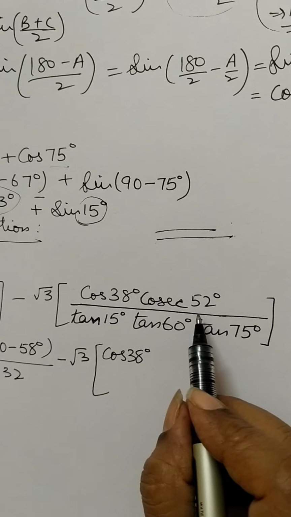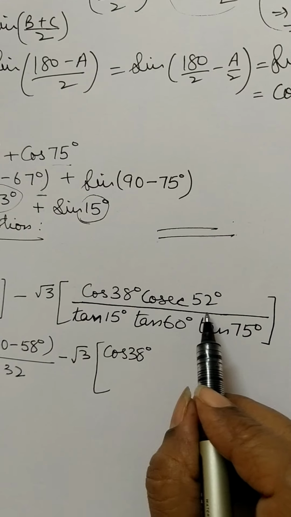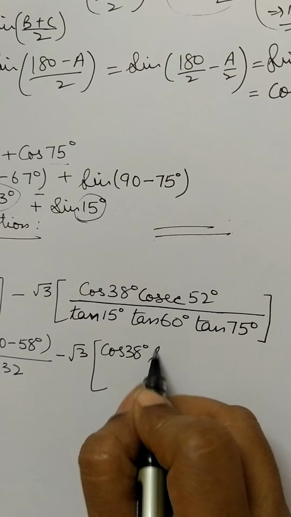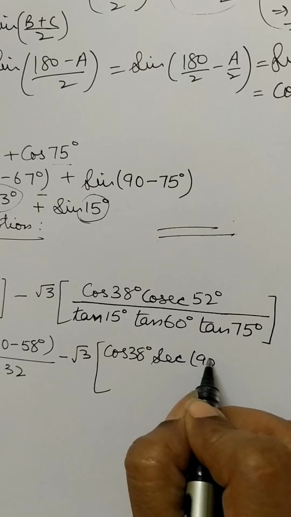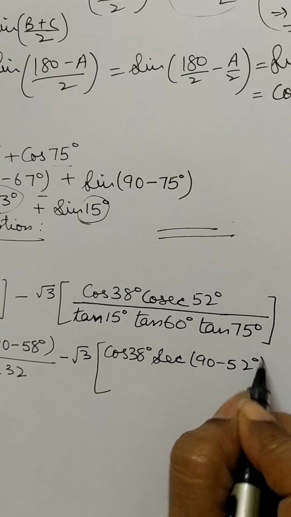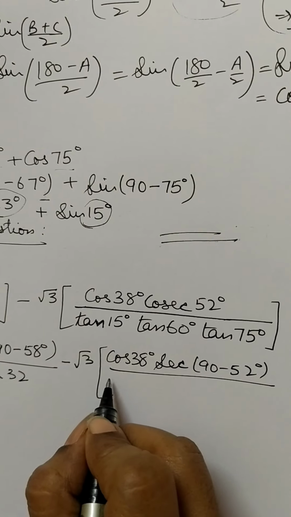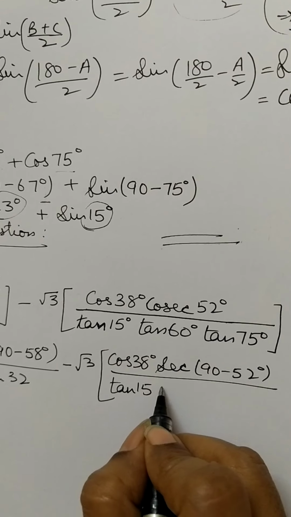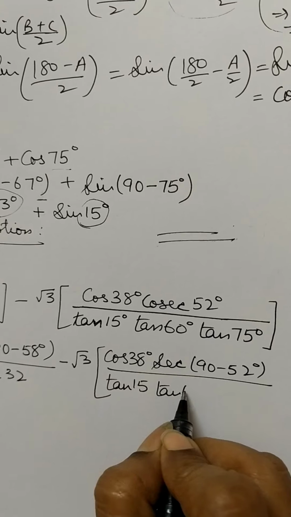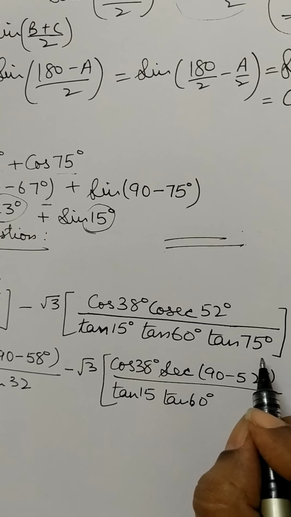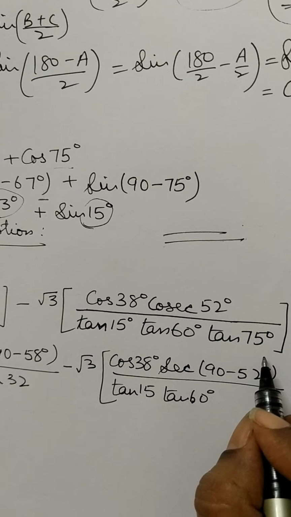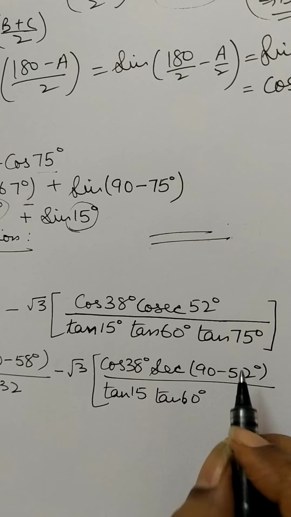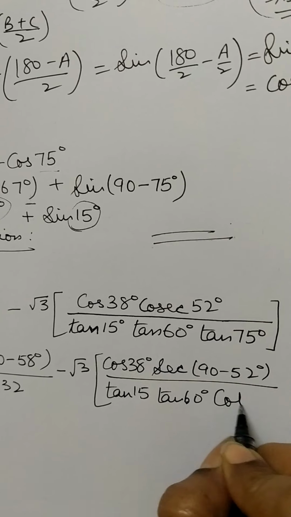Similarly, cosec 52: cosec theta is sec (90 minus theta). So in place of it we can write sec (90 minus 52). And in the denominator, tan 15, tan 60, tan 75. Tan theta is cot (90 minus theta). So tan 75 will be cot (90 minus 75).